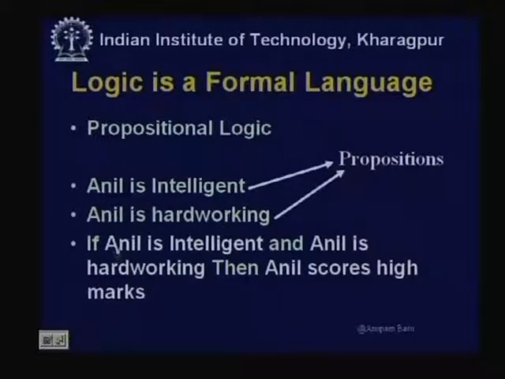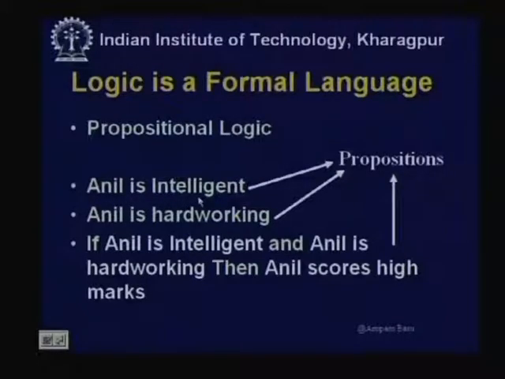Again, if I make a statement like, if Anil is intelligent and Anil is hardworking, then Anil scores high marks. This is also a proposition, because I am making another statement, but you see that this statement is a combination of some other propositions.